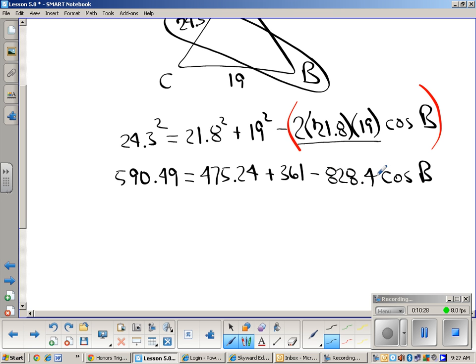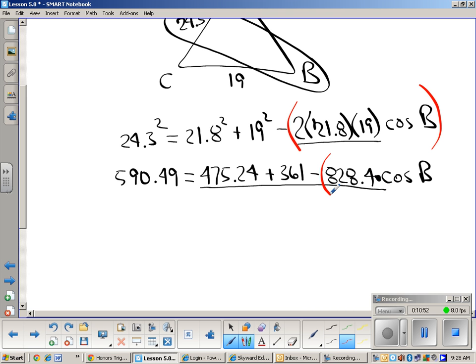Times cosine B. Okay? So I'm doing this without my red parentheses. I want you to see how easy it is sometimes to make this mistake. Because people are going to look at this and those three numbers are going to pop out at us, and they're going to want to add and subtract those numbers and reduce. But remember, this is multiplication, right?